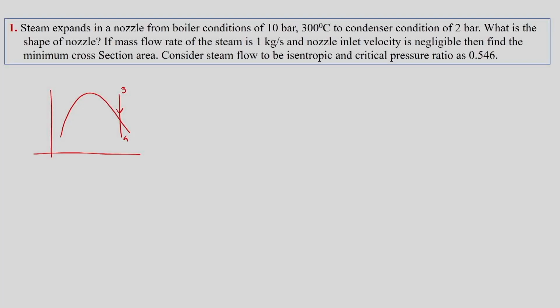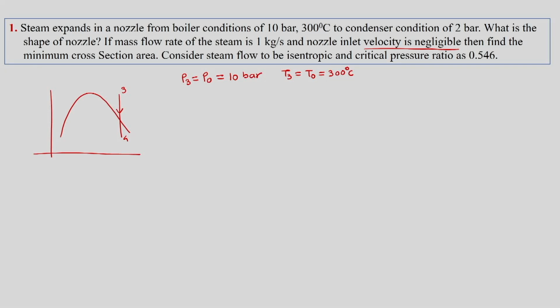So the things given to us are P3 is equal to the total condition, since we are told that velocity is negligible. So P3 is equal to P naught is equal to 10 bar, and T3 is equal to T naught is equal to 300 degrees Celsius.